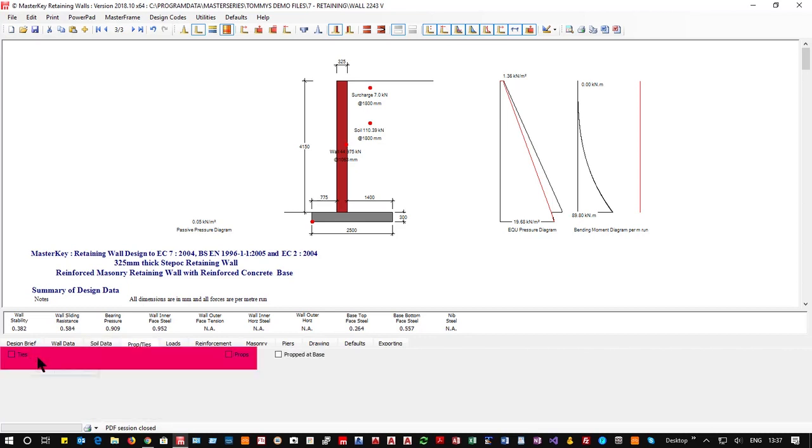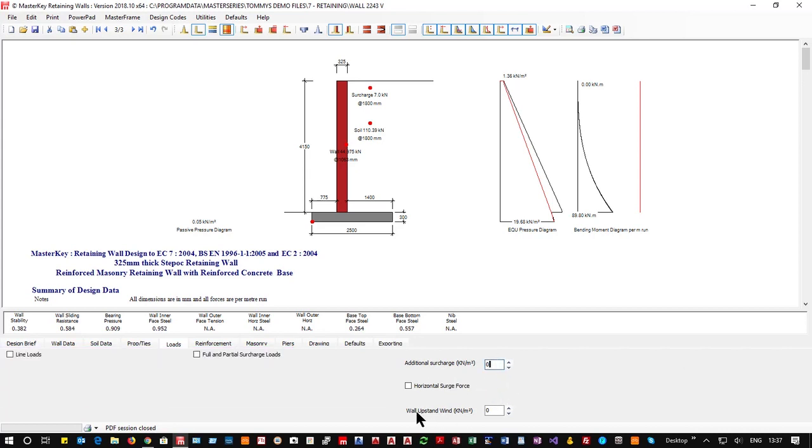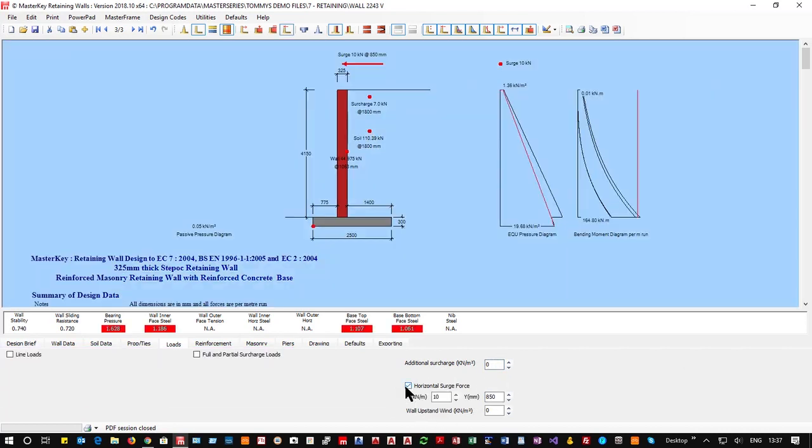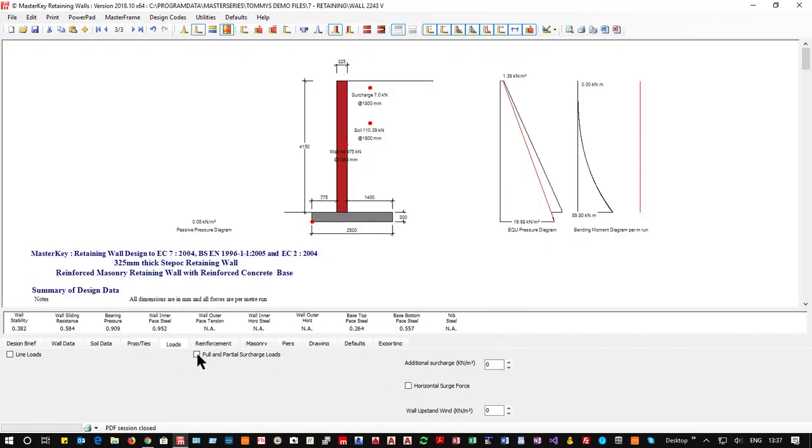Props. If you're in PowerPad, you only have prop at base, so that's very useful. Loading, you don't have additional loads in the PowerPad version other than additional surcharge and horizontal surcharge, if you remember this little surcharge here.